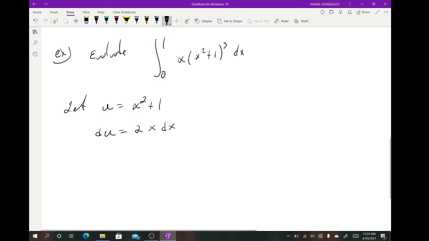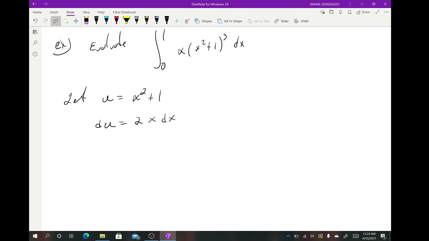Now, when we talk about our function g, it is what we're calling u now.